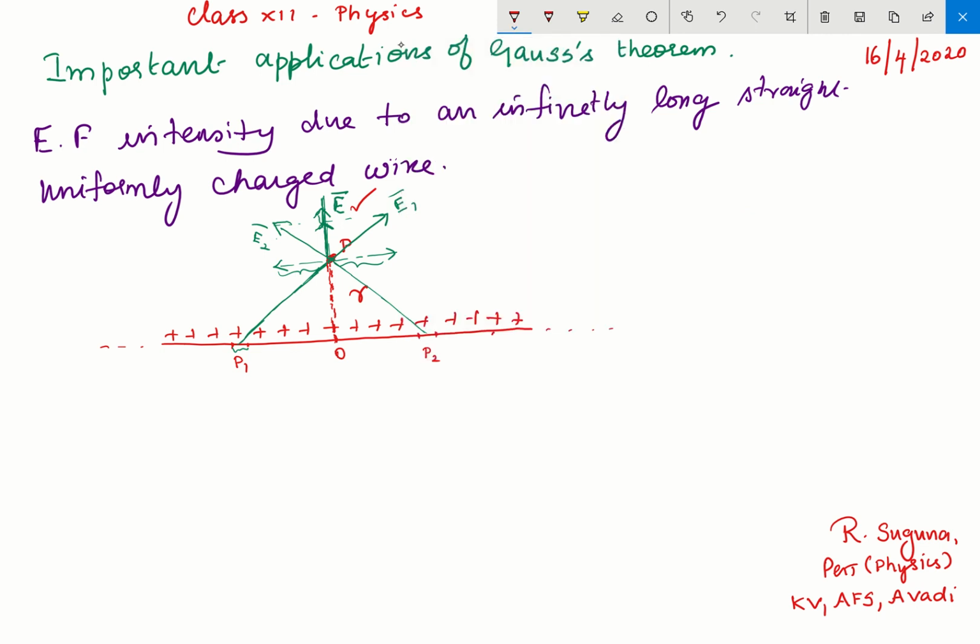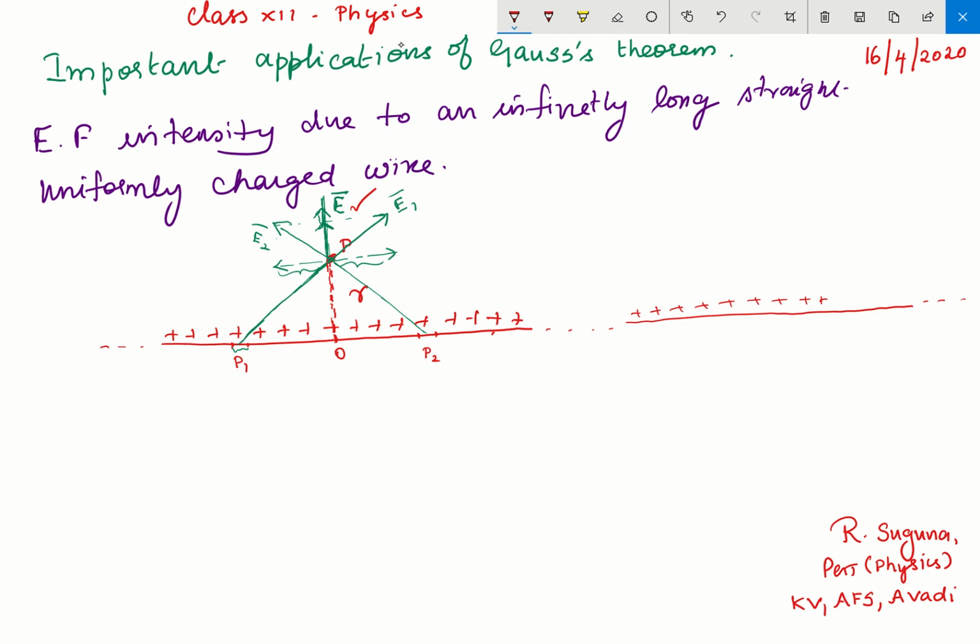Here I'll draw. Once again, this is a line of charge having a linear charge density, uniformly distributed.